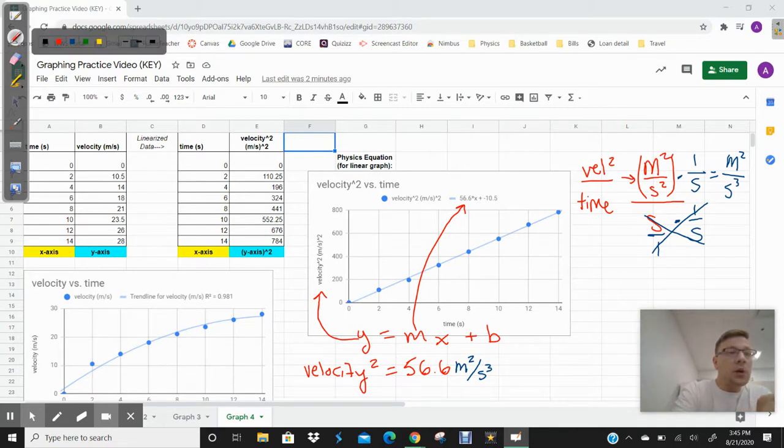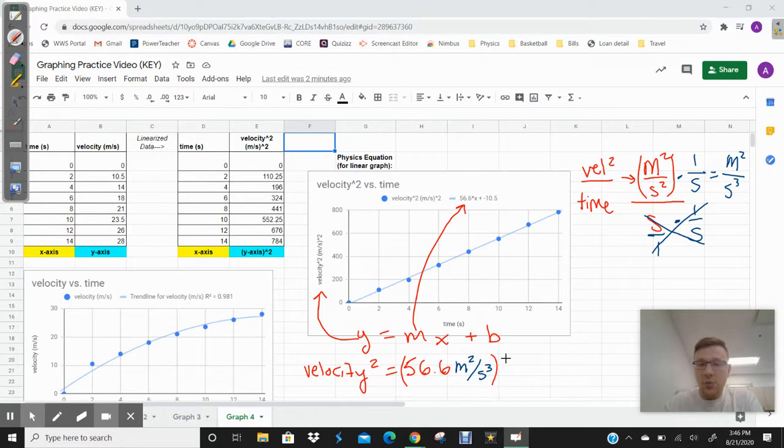So go ahead and switch back to red here and finish that. We will multiply this by what's on the x-axis. That happens to be time. And then we will look at our equation to get the y-intercept, which is right here, at negative 10.5.